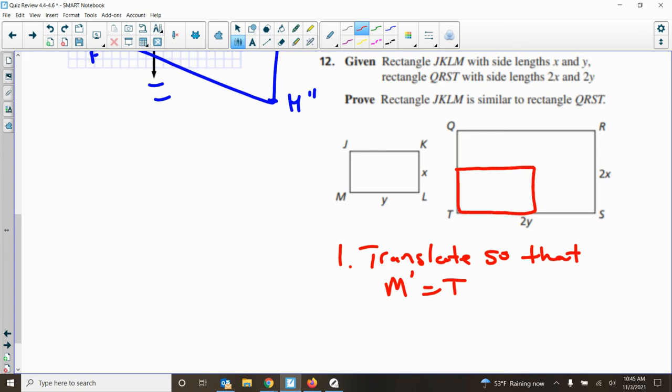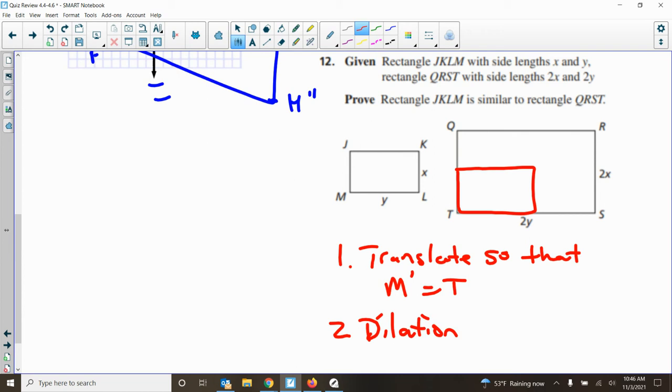Okay. And the goal here is to come up with some kind of, probably going to be a dilation, right? What kind of dilation is required to make the red rectangle the same as the big black rectangle, TQRS? Well, it's definitely going to need to be a dilation. But now remember, if you say dilation, you should give me 2 pieces of information.